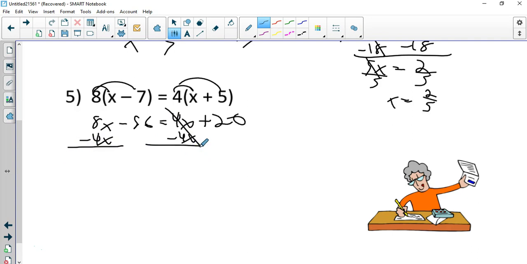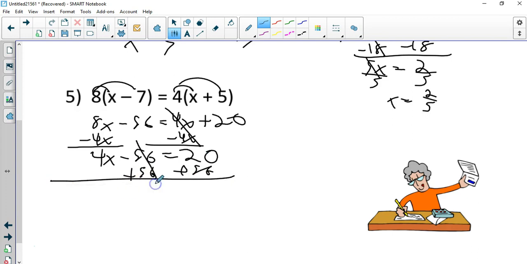That gives me 8 minus 4 is 4x, positive 4x, minus 56 equals 20. Two-step problem. Get rid of the subtraction first by addition. 4x equals 76. 56 plus 20 is 76.